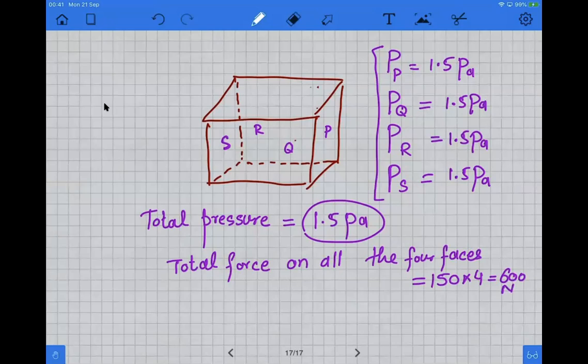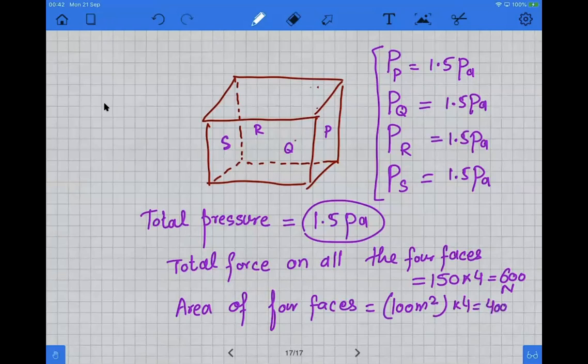And at the same time, the area of the given four faces will also become 100 meters square into 4, which is 400 meters square.